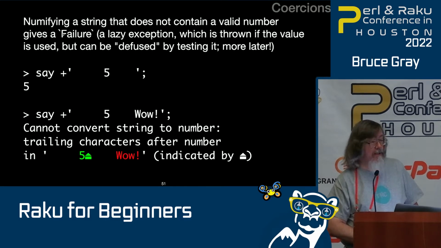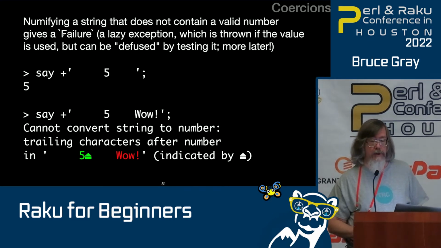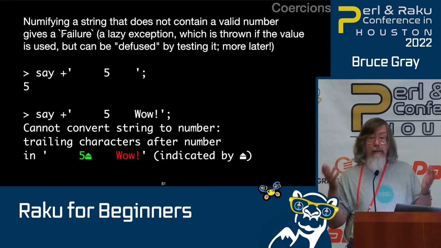I don't have a good way to explain this, but we have a couple of types of runtime errors. There's what you're used to, which is something happens and you get a warning, or something happens and your program dies. There's a deferred version of that called a failure, where you divide by 0 and assign that to a variable.